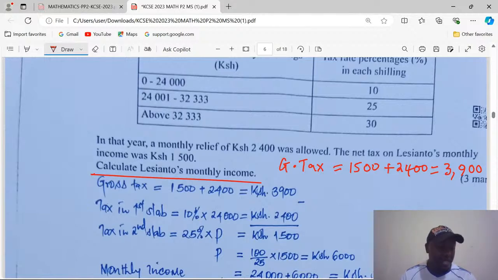So now this is the total tax that we can get from the income of Lesianto.